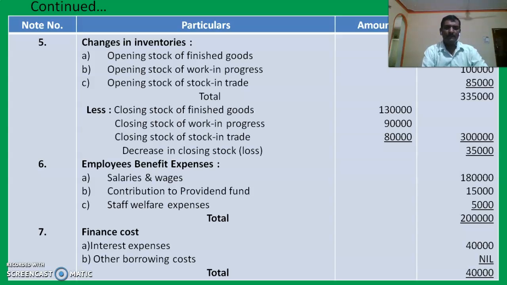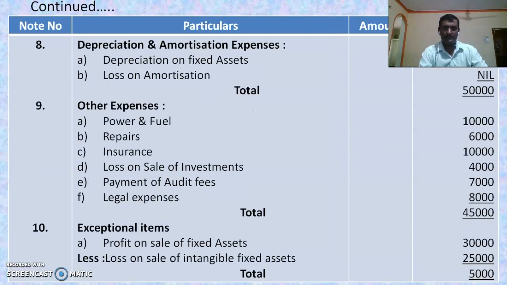Likewise, we have only one item related to finance cost at the left hand side, interest expenses of rupees 40,000, and that is to be taken to the statement of profit and loss. In the adjustments, they gave one piece of information about depreciation on fixed assets, and that is the only item related to the depreciation and amortization expenses note, taken here as 50,000.